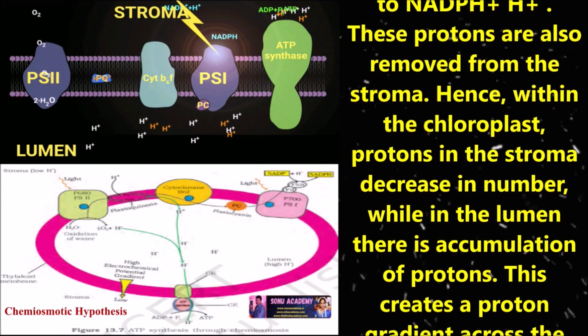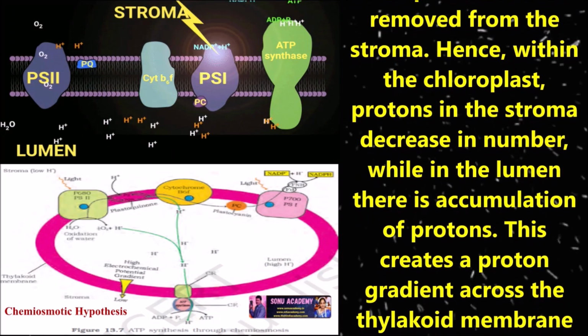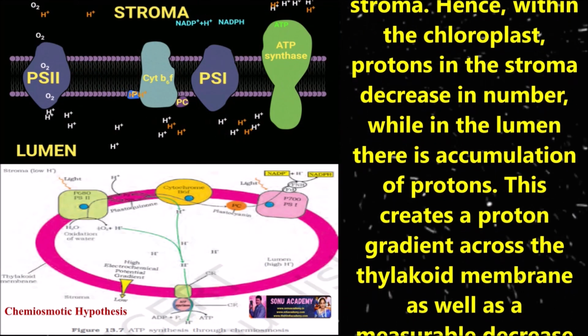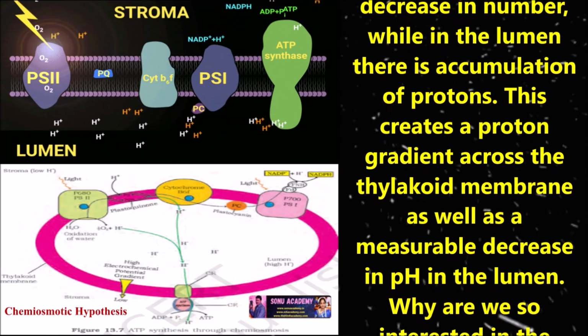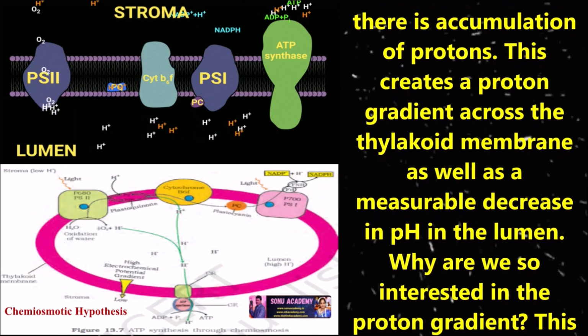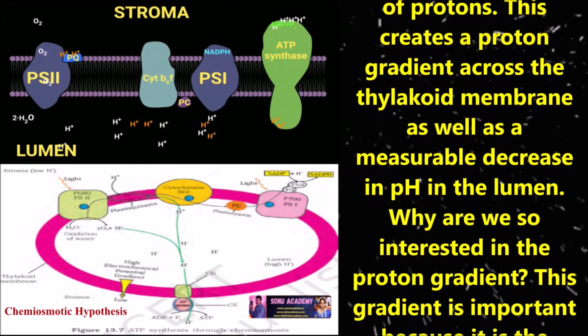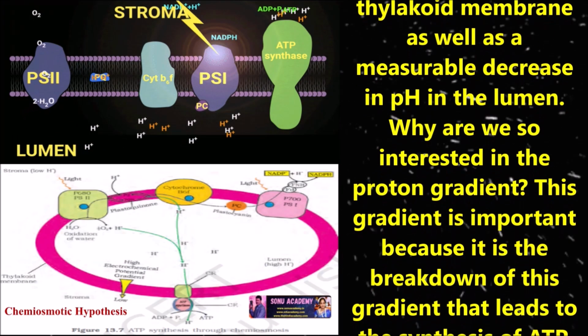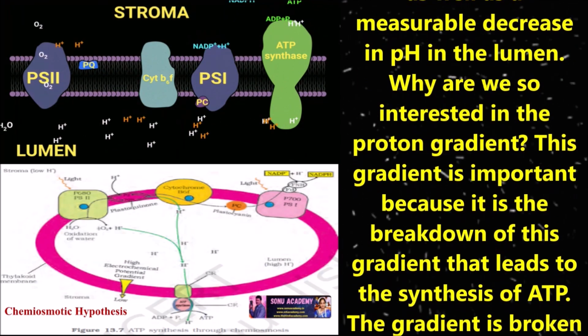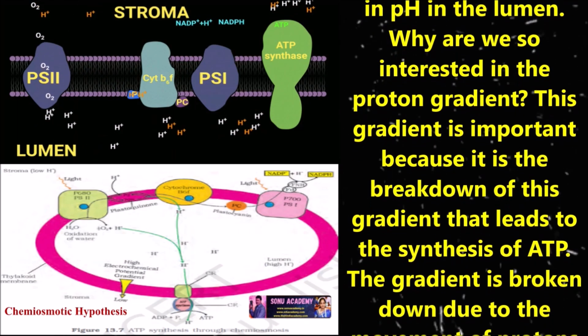Why are we so interested in the proton gradient? This gradient is important because it is the breakdown of this gradient that leads to the synthesis of ATP. The gradient is broken down due to the movement of protons across the membrane to the stroma through the transmembrane channel of the CF0 of ATP synthase.